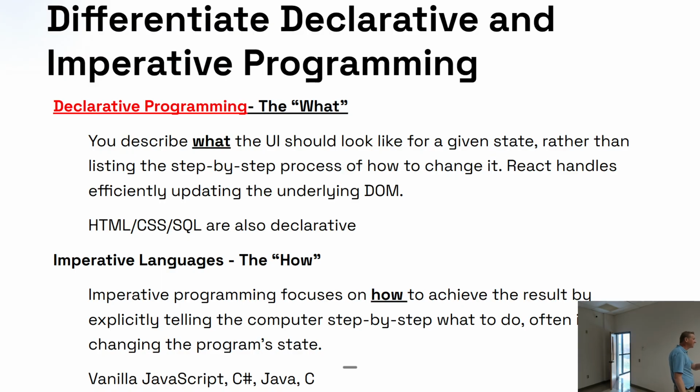If you have ever written a SQL select statement, you just say, give me the customers who have spent more than $1,000. That's what I want. Figure it out and give it back to me. So those are examples of languages that you have coded that are also declarative.